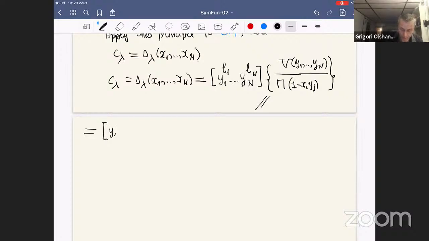I reproduce the same coefficient, but I write this expression as follows.